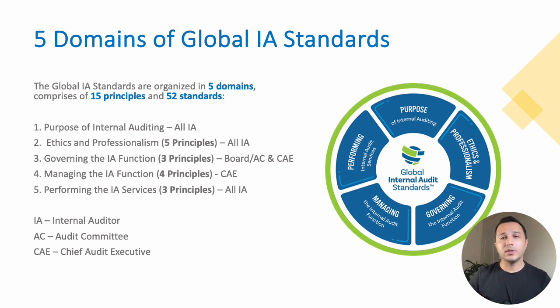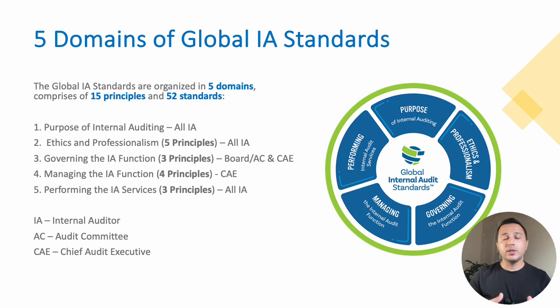The Global Internal Audit Standards comprises 5 domains, which you can see: the purpose, ethics, governance, managing the audit function, and performing the internal audit function. Within each domain, there are multiple principles, and these principles are 15 in total, and they are divided among different domains.